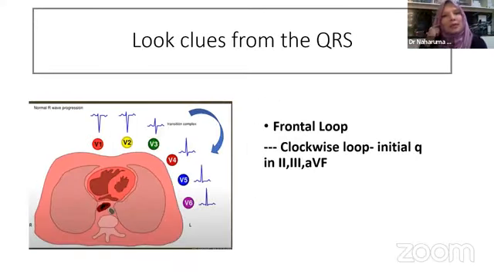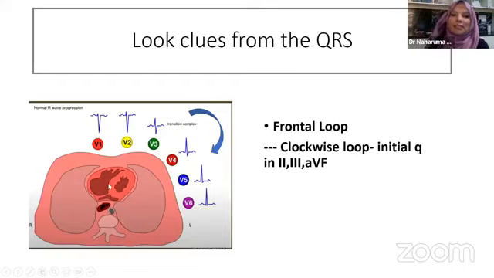We also get some clues from the QRS, and we label two terms, clockwise loop and counterclockwise loop. It depends upon the ventricular mass and the electrical current that travels through the mass.